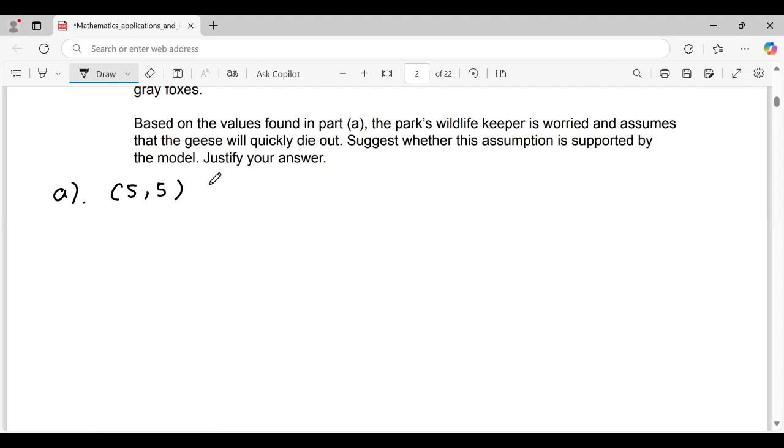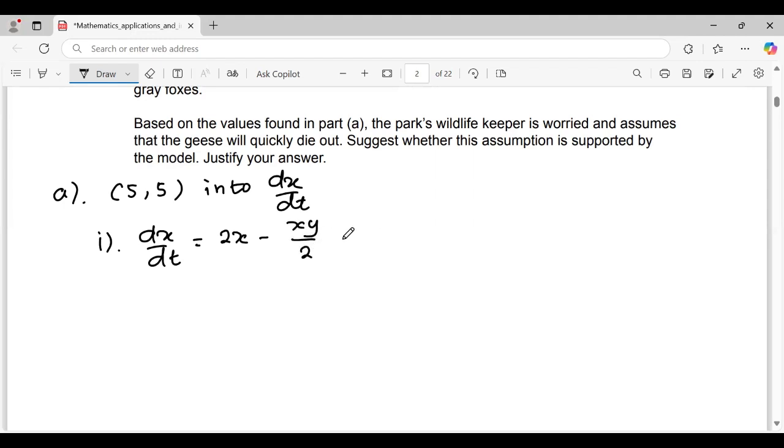Now we are going to substitute x and y into dx/dt. So the dx/dt function is 2x minus xy over 2.